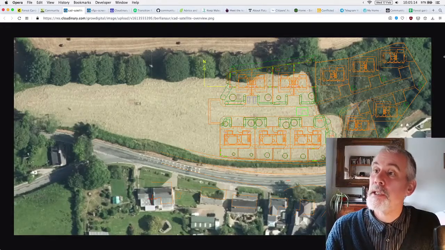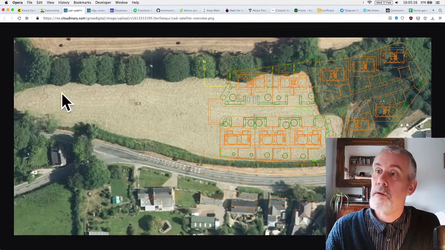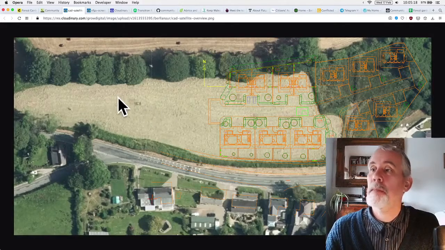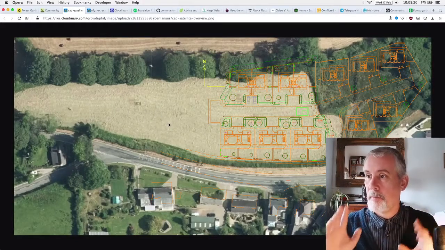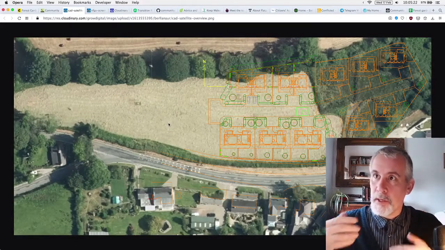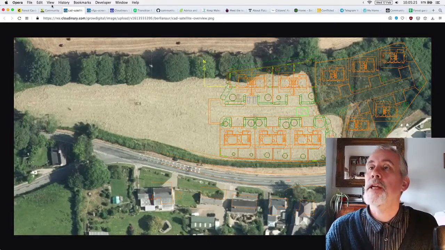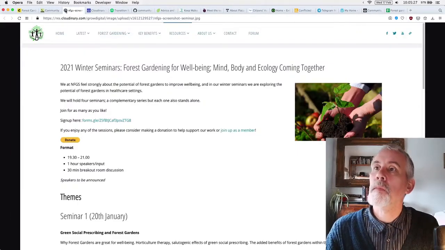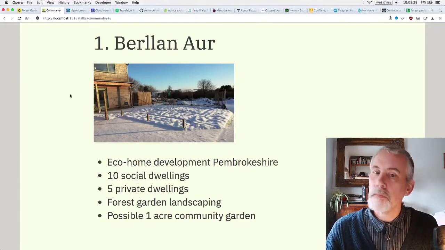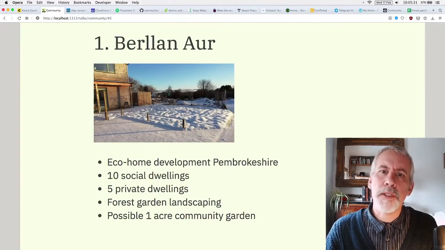And this is a space for the forest garden on the left hand side, which is amazing. So I want to set everything up so that it works well with the residents.